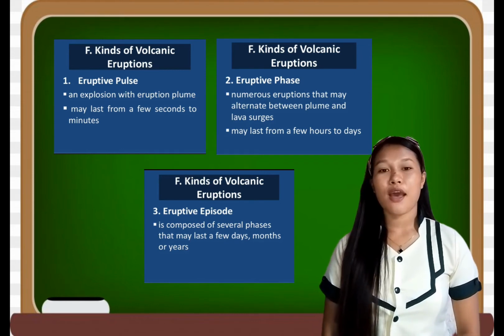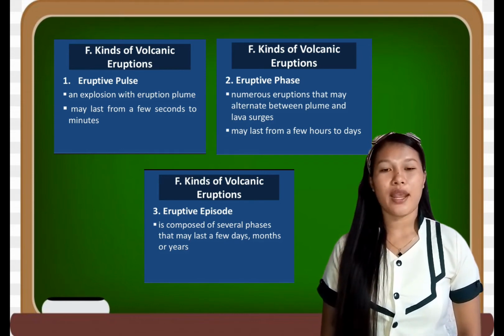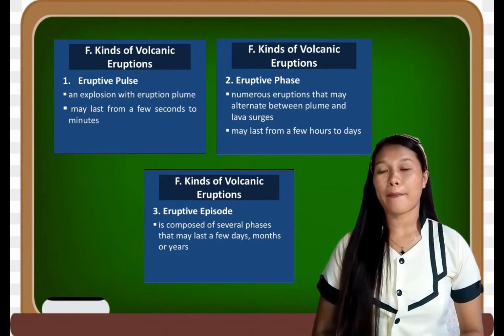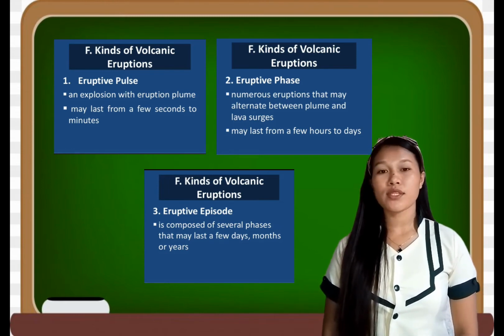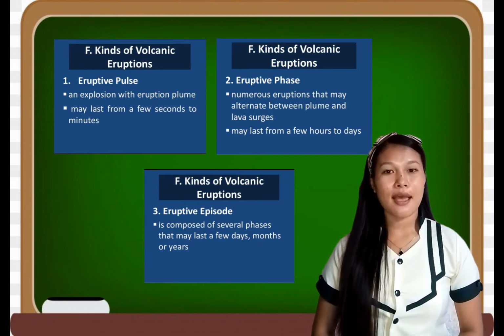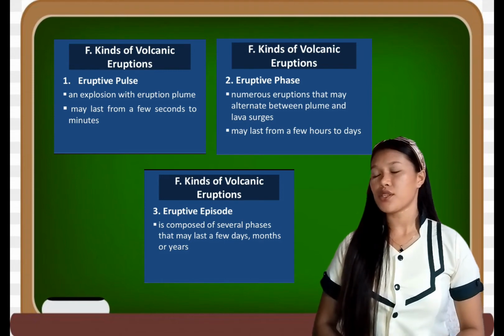It may last from a few hours to days. While the third one is the eruptive episode. It is composed of several phases that may last a few days, months, and years. Now, what are the three kinds of volcanic eruptions? Eruptive pulse, eruptive phase, and eruptive episode.